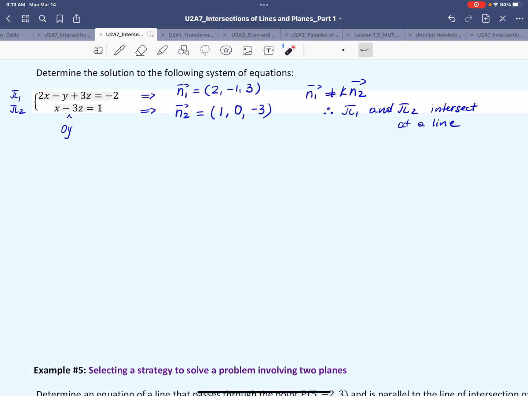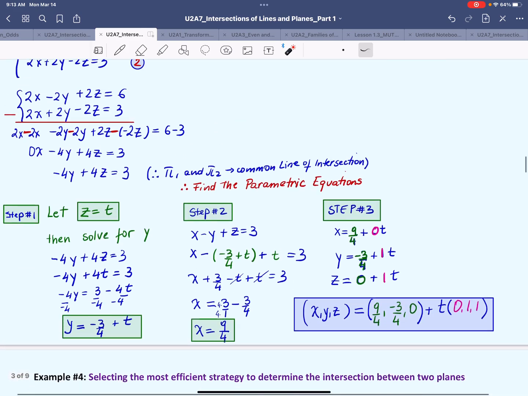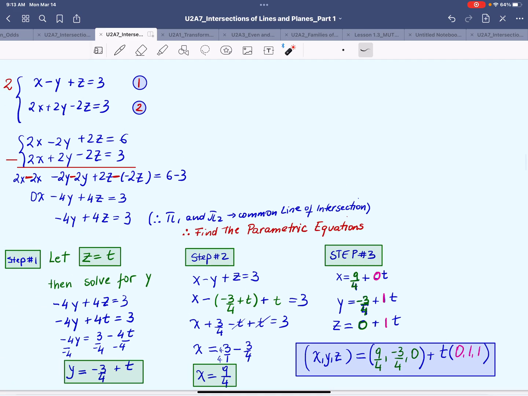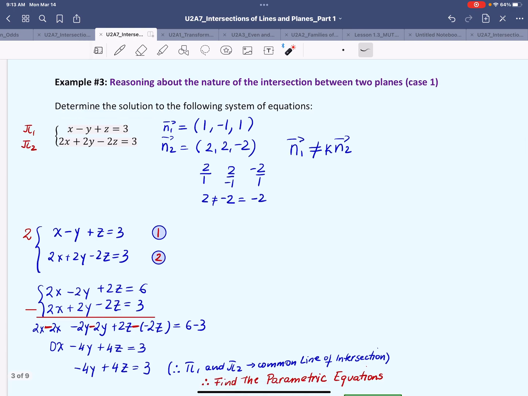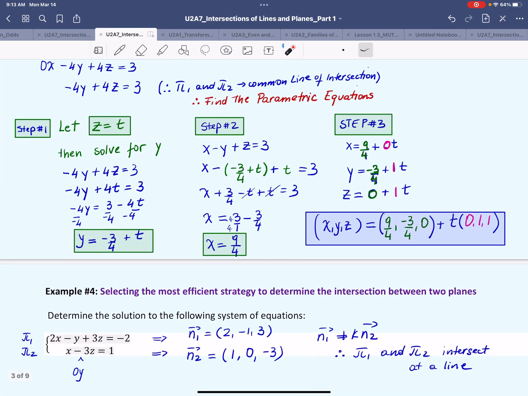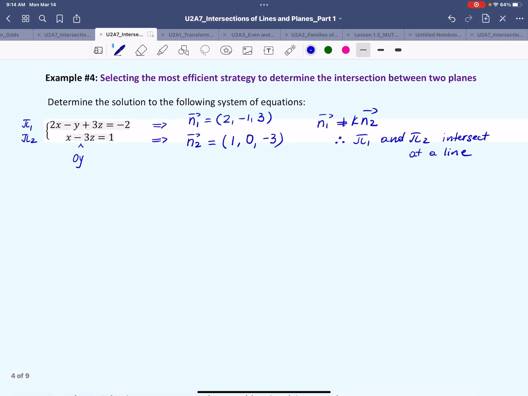And as you can see here in our case, the second equation describes the relationship between two variables in this system, which means that we do not have to go through the elimination process we had to go through in example number 3. For this, you look at video number 2 of lesson U2A7 Part 1, which means that we can start right away to finding the equation of the line. So that would be our step number 1.